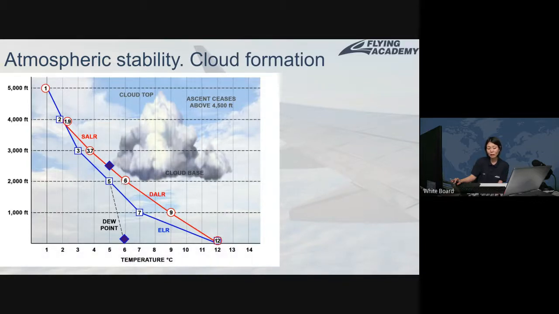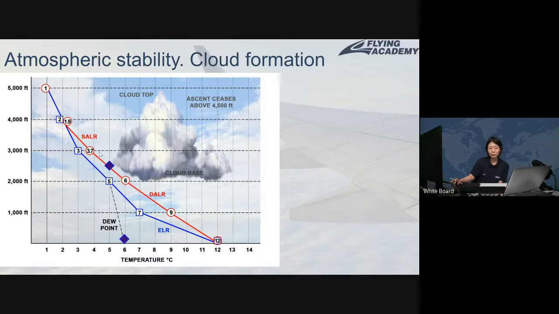The moment we reach the dew point, cloud starts forming, because this air parcel cannot hold any water moisture inside anymore. The precipitation is going to come out here. But there is still a force going up; the air parcel is still going up.